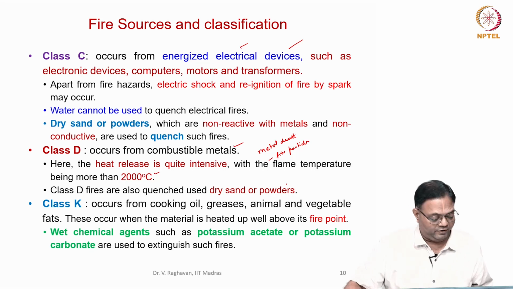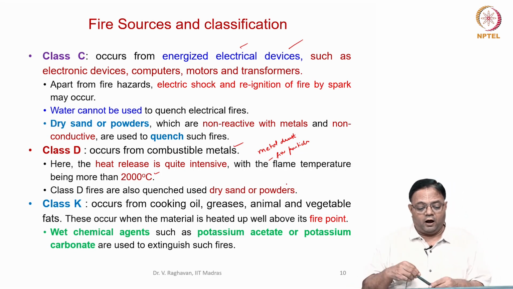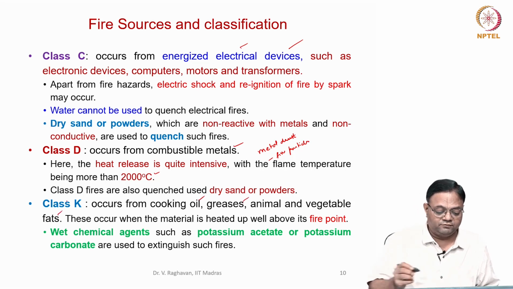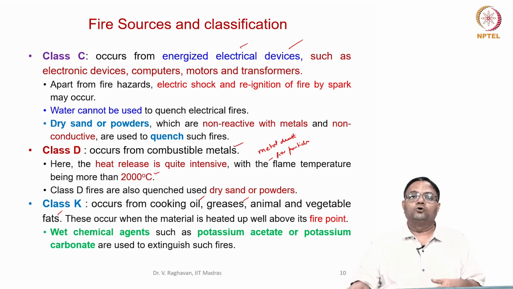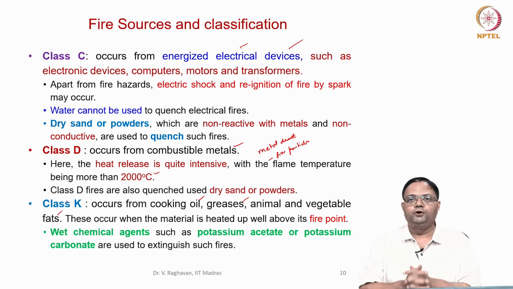The final classification of fire is called class K fire. The class K fire occurs from sources like cooking oil, greases, animal and vegetable fats. You can observe this burning of cooking oil in your house itself.